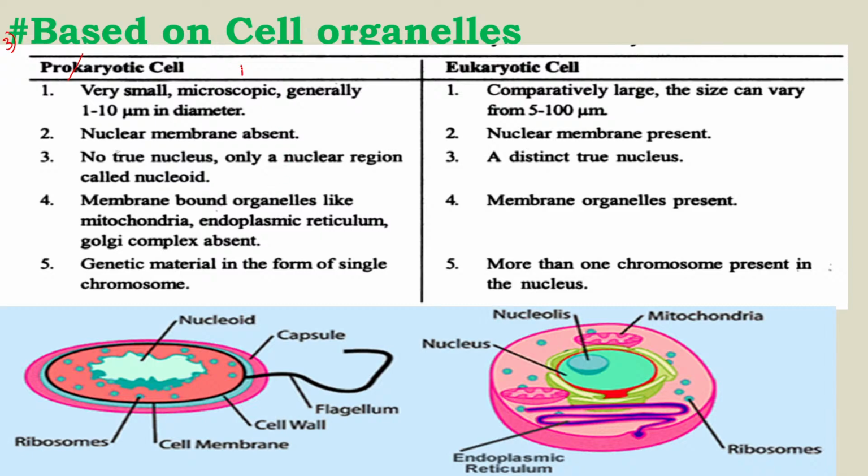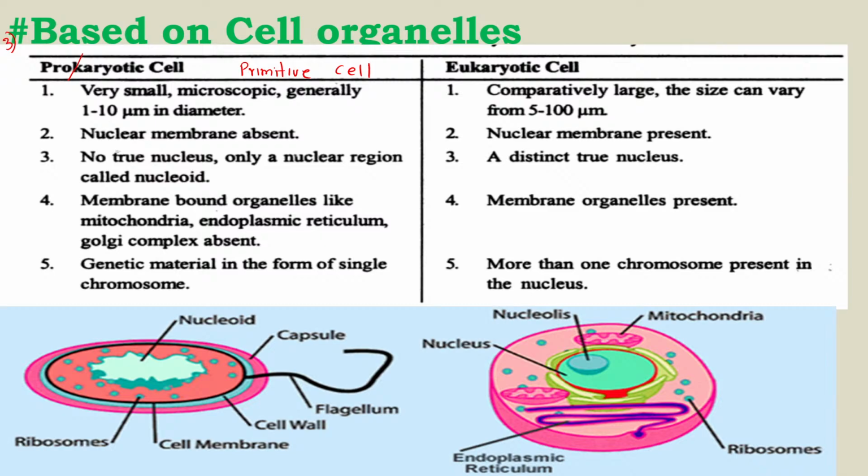So pro means older or primitive cell, older cell. Eukaryotic is the recent one. So pro means primitive, and eukaryotic means the latest type of cell, the latest version of the cell.